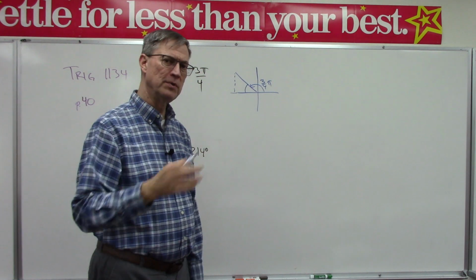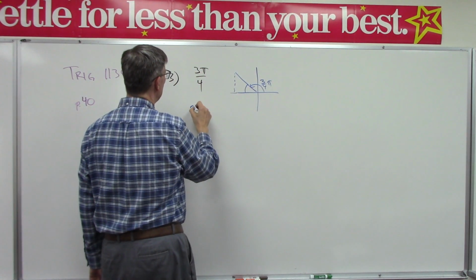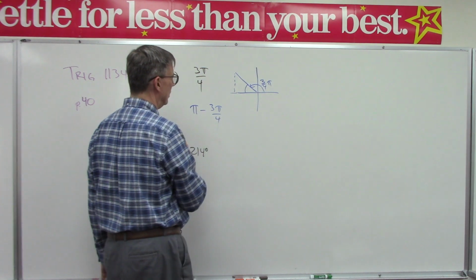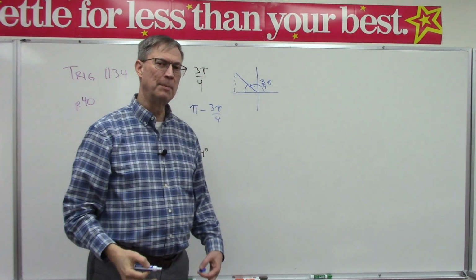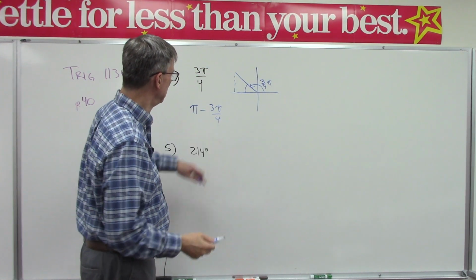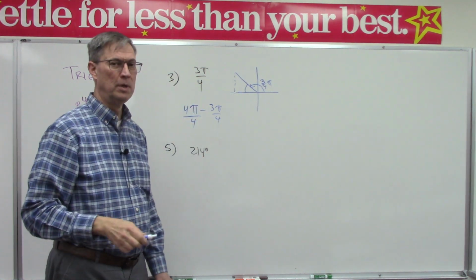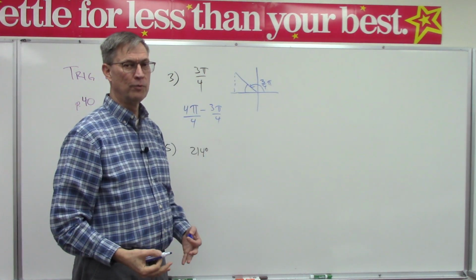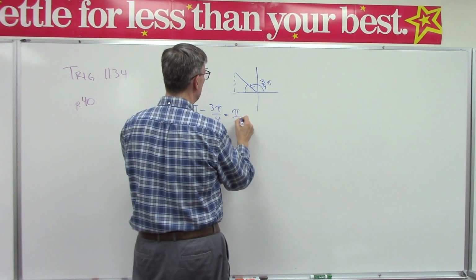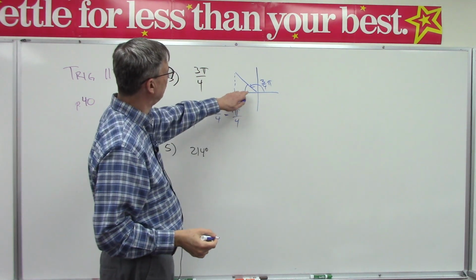Do you remember from the previous page what the formula is if you're in the second quadrant? It would be pi minus 3 pi over 4. So we have to get a common denominator in order to subtract, and of course 4 is going to be our common denominator. So we'll have 4 pi over 4 minus 3 pi over 4, which gives us pi over 4 as the reference angle.